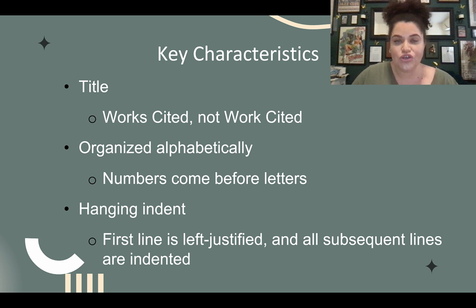So let's say you are citing an article that doesn't have an author, and the name of the article is 123 Look at Me. That would come before Brene Brown because the number 1 would come before the letter B in alphabetical order. Hopefully that makes sense. In a second, I'm going to show you like what a works cited page looks like.